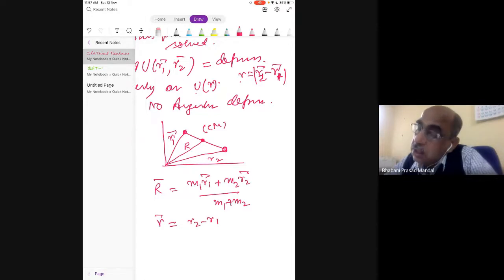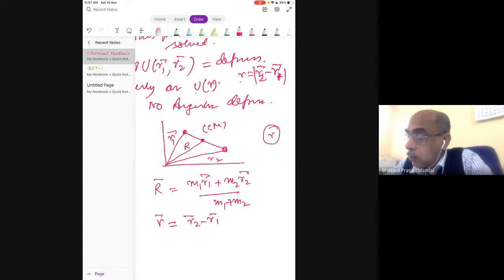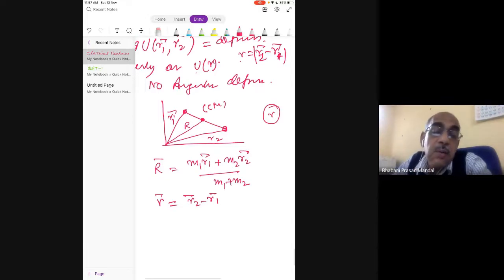If this potential depends only on r, then this problem can be reduced to a single one-body problem with a reduced mass kind of thing. That we will discuss in the next class, but maybe I'll prove it.